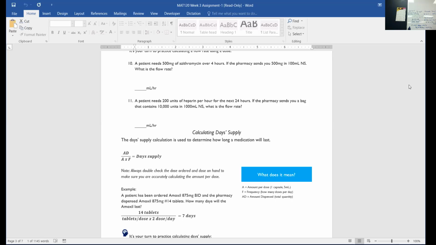Milligrams cancel, and what we have is 4,500 micrograms per hour times 250 milliliters divided by 50,000 micrograms. Micrograms are going to cancel out.